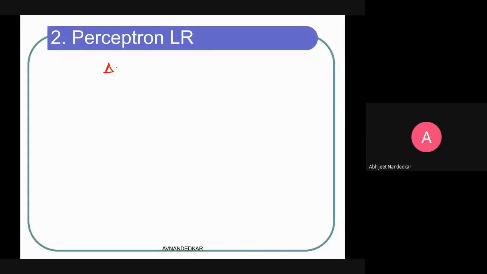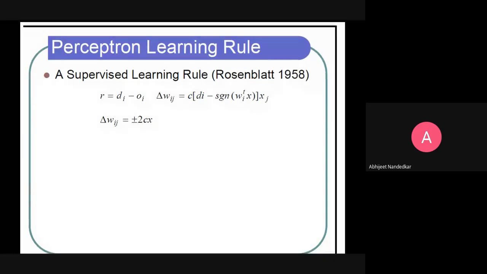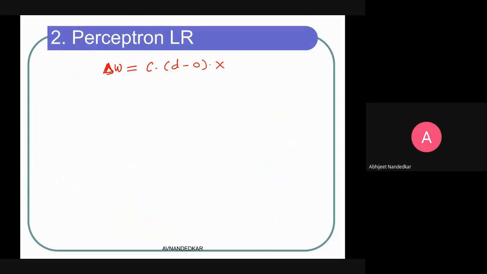So here, change in weight is equal to the learning constant times D minus O into X. If I'm talking for the ith neuron, then I will write Di minus Oi into X, where Di stands for the desired response of the ith neuron, and Oi stands for the output of the ith neuron.